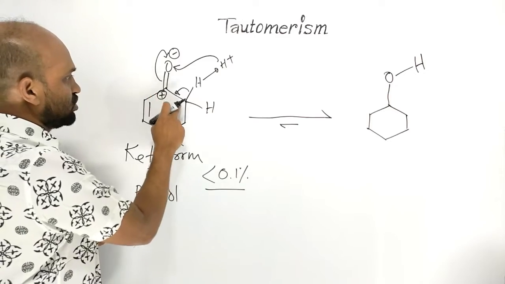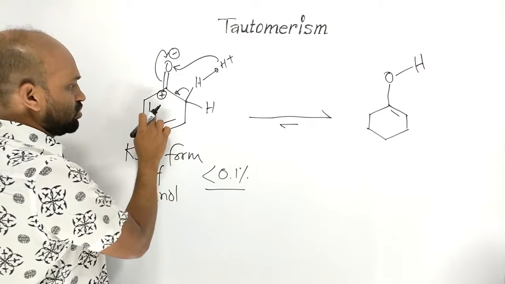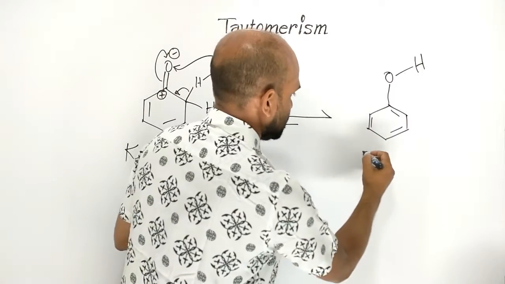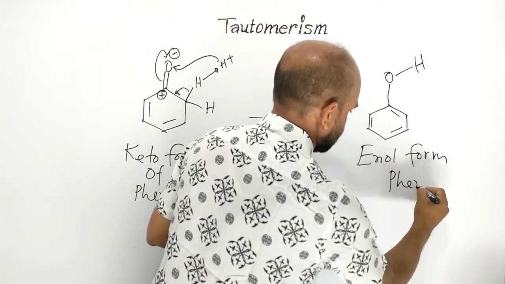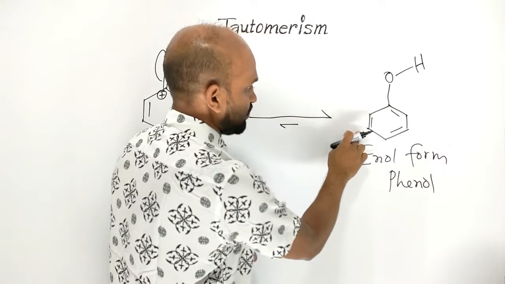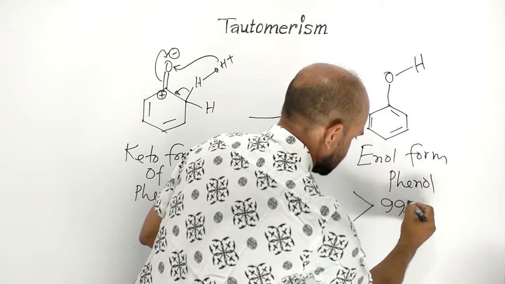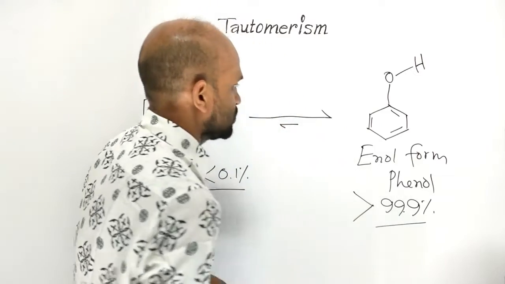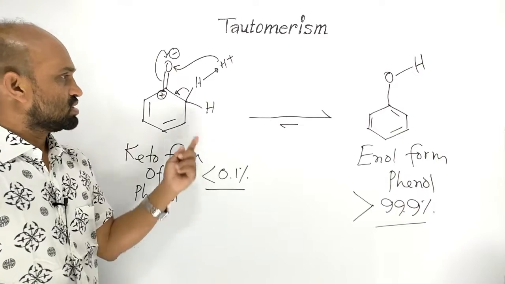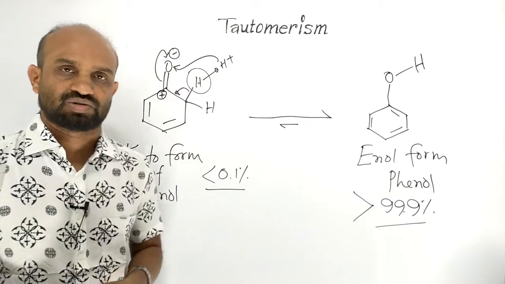Here this carbon-carbon single bond becomes carbon-carbon double bond. Here one double bond, here one double bond. So this is enol form of phenol. This is a stable form of phenol which exists more than 99.9%. So these compounds are tautomers, in which both the compounds are formed due to the shifting of this hydrogen.